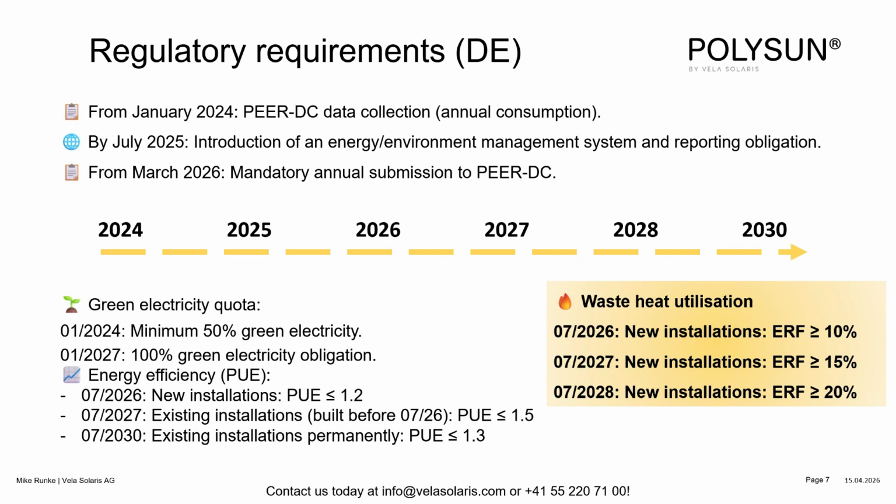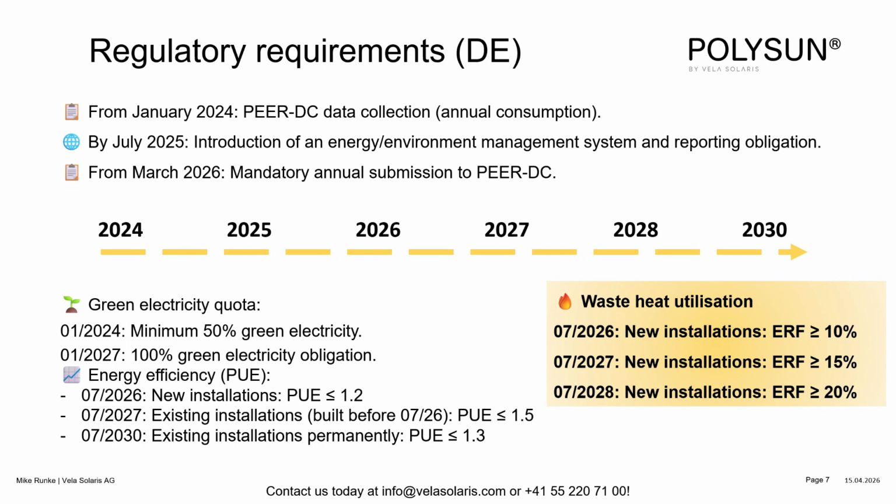Furthermore, operators must report data on the potential for waste heat to the BAFA annually. And the waste heat must be used primarily on site or via local heat networks, rather than simply being released into the environment and not being used.